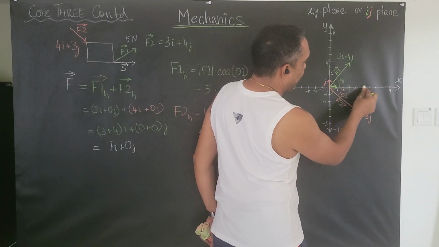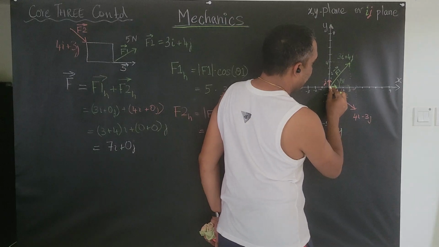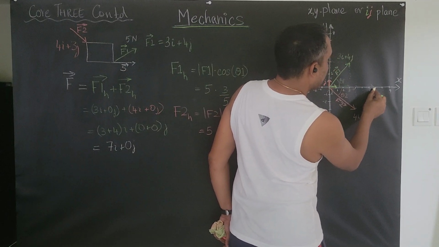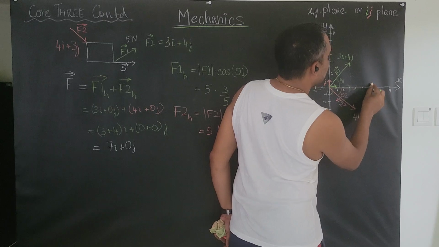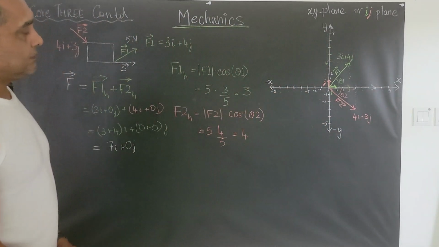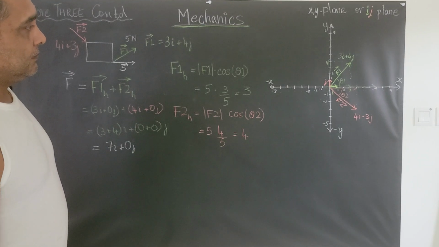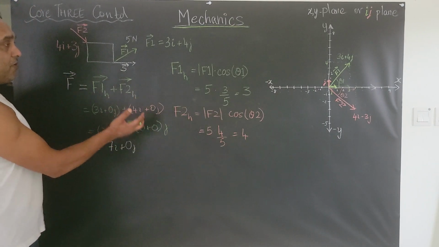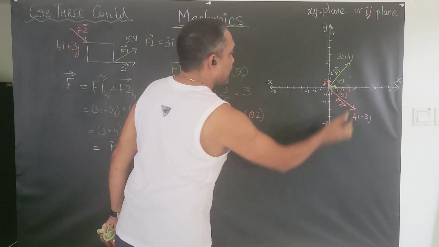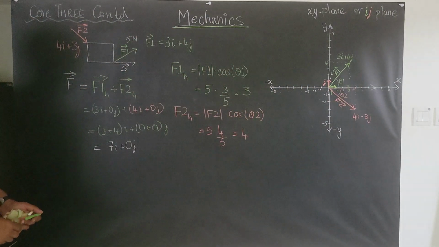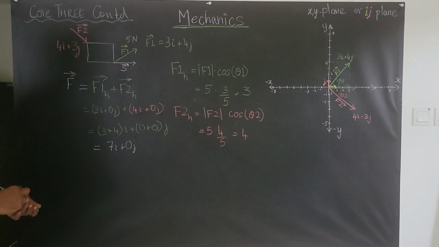So 4, 5, 6, 7, my net resultant vector is something along those lines, comes up here, straight line there. With me so far, I've just resolved the two components into horizontal axes and added them.